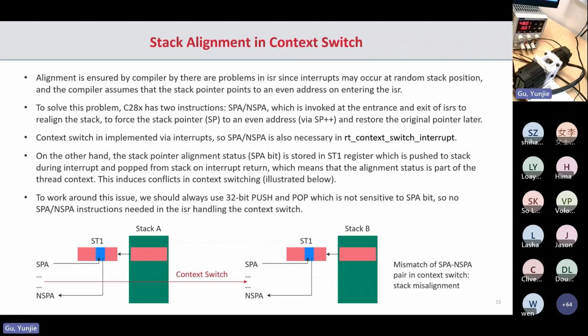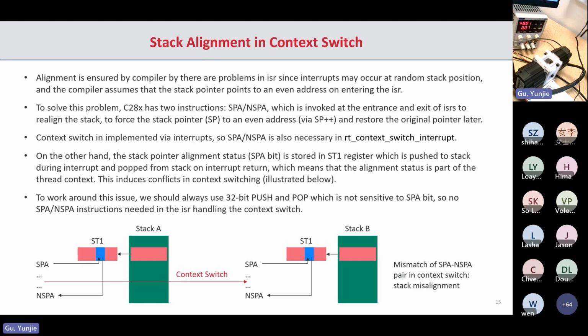And the problem is, because the context switch is also implemented by an interrupt, you have to do this SPA and NSPA thing for the context switch handling interrupt as well.